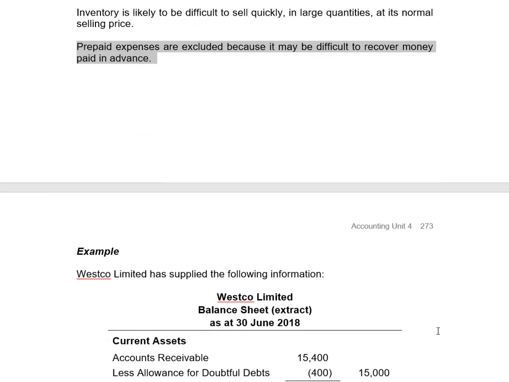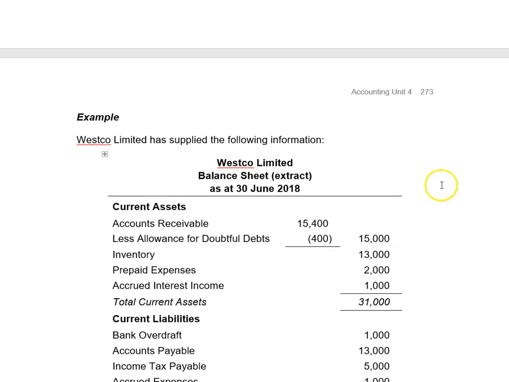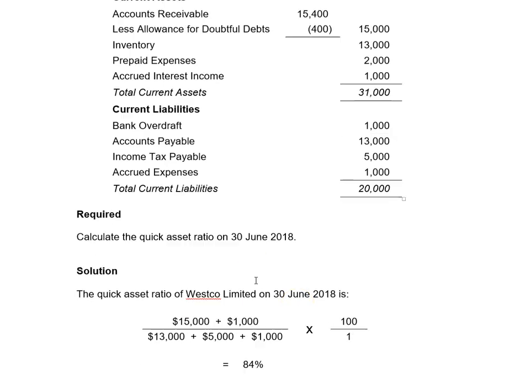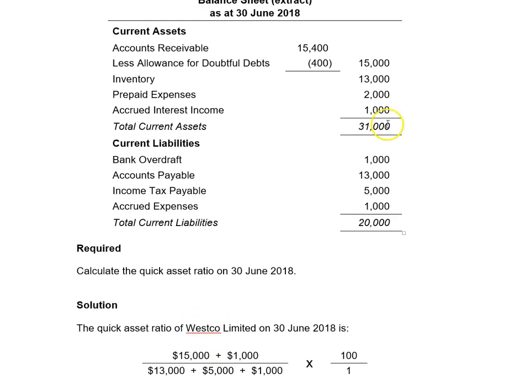Now, an example I'll use here, Steel Westco Limited. You can see that the balance sheet is very similar, but when we want to calculate quick asset ratio, we cannot take the total current assets divided by total current liabilities straight away, because that is what the current ratio is. For quick asset ratio, we can only take the net accounts receivable and also the accrued interest income.